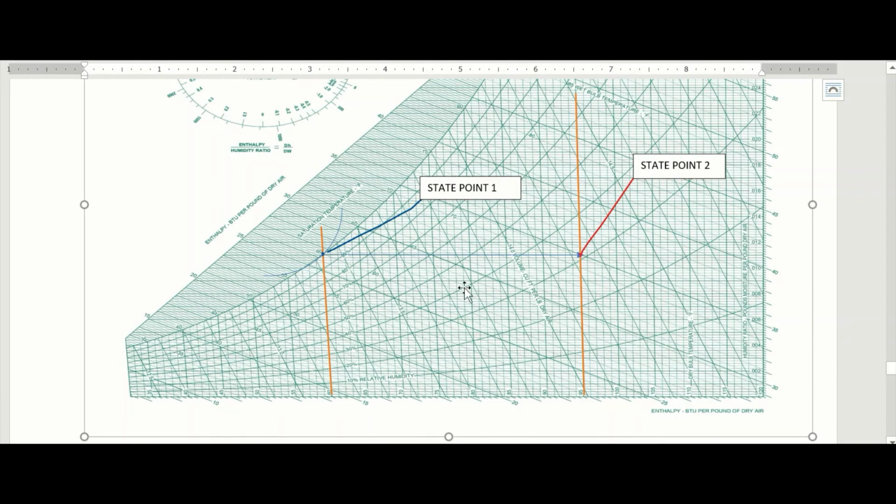Good. Now from this sketch of my chart, I can see that the line is going from left to right, and that tells me that it is a sensible heating. All right, it is a sensible heating.